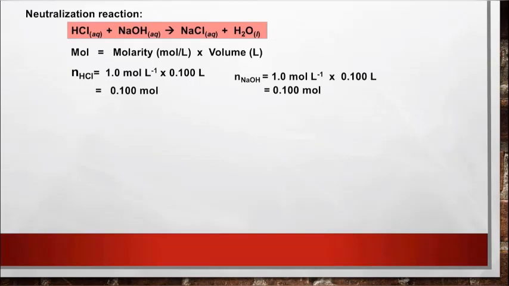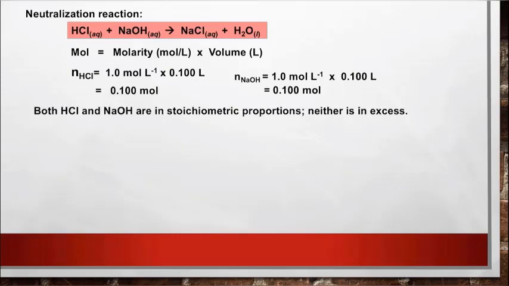Then calculate the number of mole of both reactants, and as you can see, the number of mole of both hydrochloric acid and sodium hydroxide is the same. So, both HCl and NaOH are in stoichiometric proportions, neither is in excess. That means the amount of water produced from this reaction is also 0.100 mole of water.